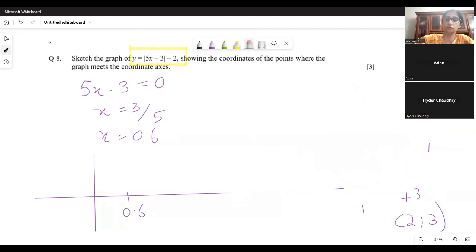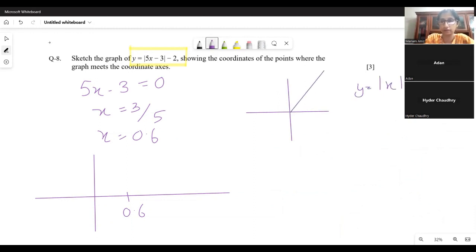Let me show you all the transformations. So the basic graph is y equals modulus of x, which looks like this. Okay? Now we make it y equals modulus 5x minus 3. So equate this to 0 and we get 3 by 5. So this graph goes 0.6 units to the right.